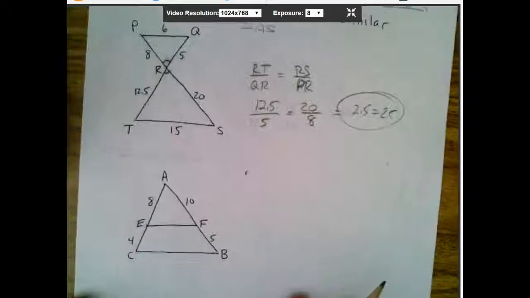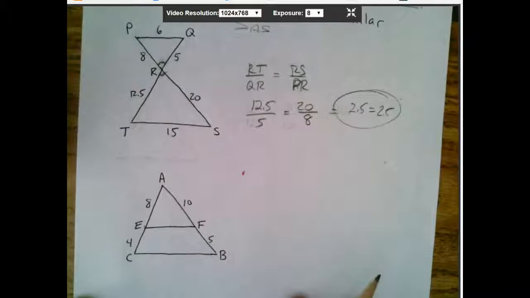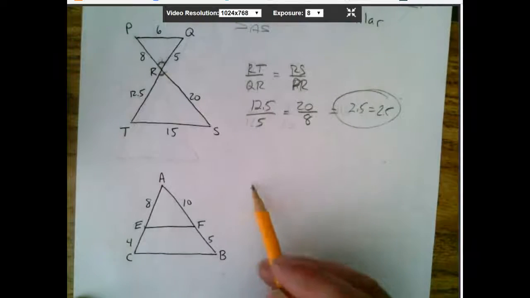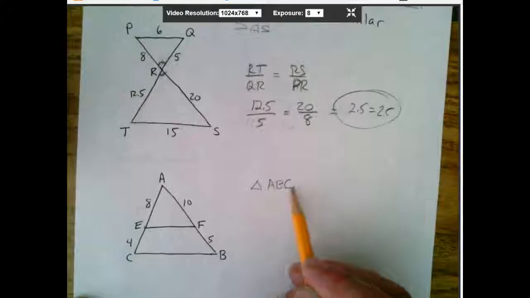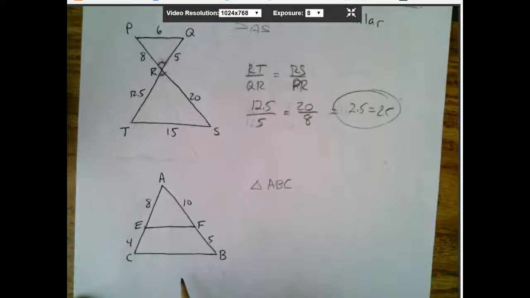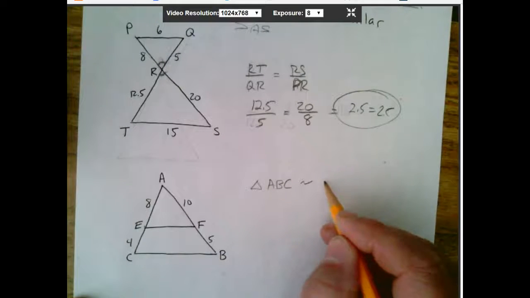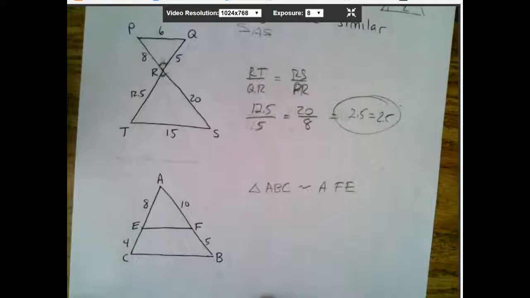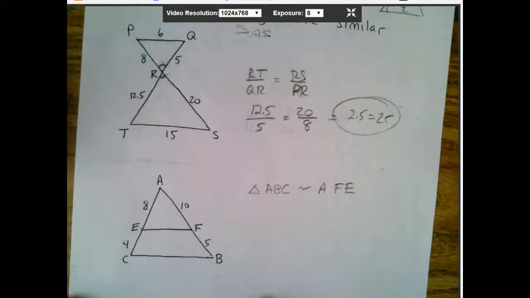There's another way. We can look at sides to see if triangles are similar as well. Here we have a triangle. We'll do triangle ABC and triangle AFE and see if they're similar. The first thing we want to do is pick some sides.